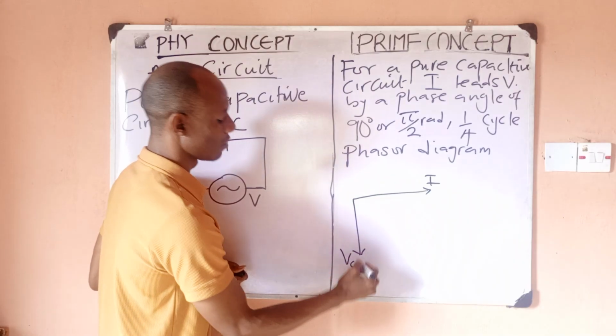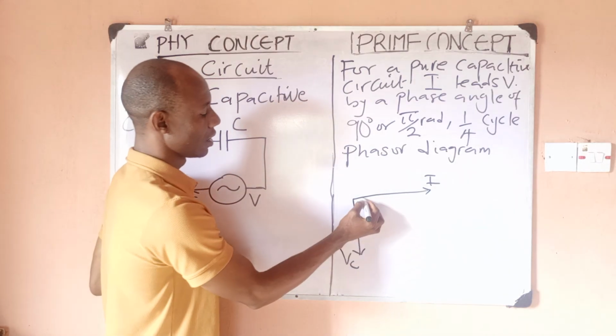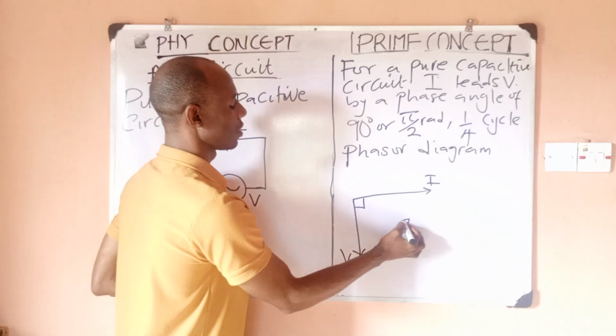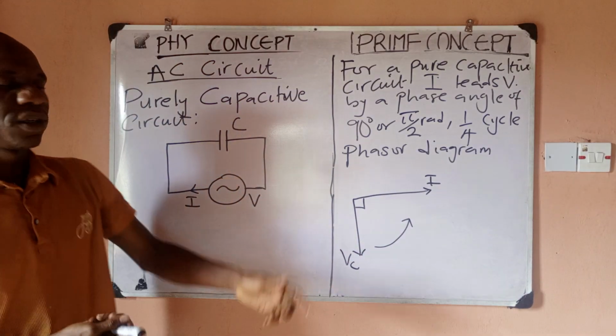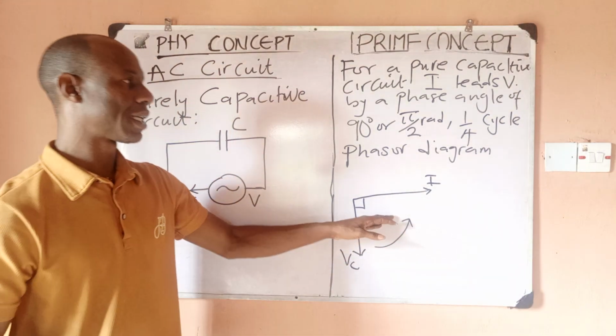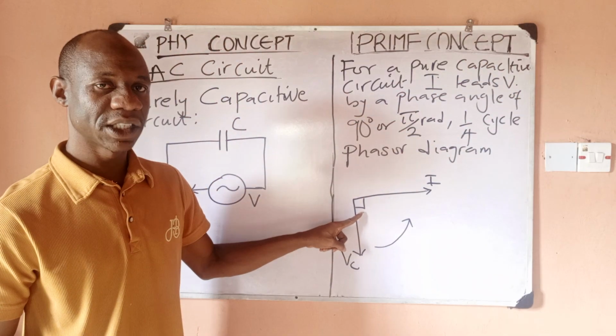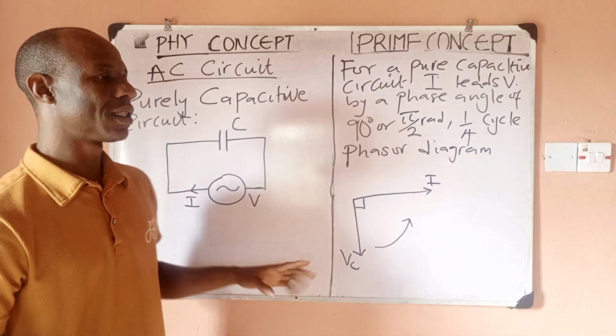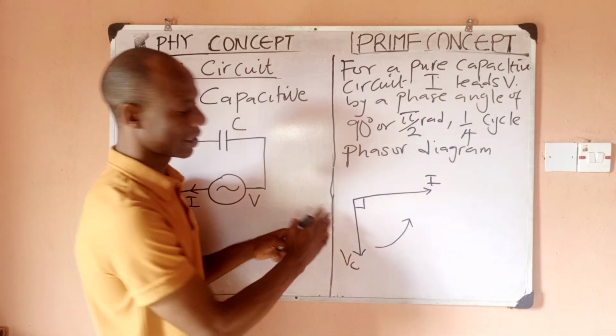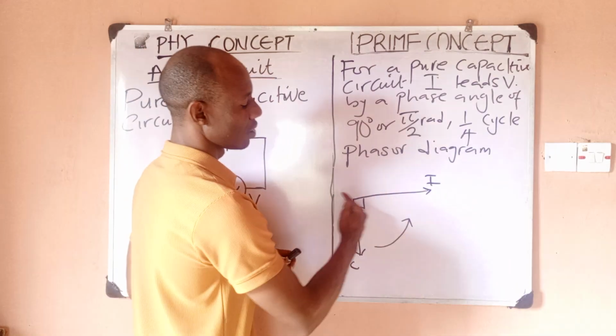The voltage of my capacitor should be at this point. If I'm considering motion in this direction, then this would be the correct vector diagram when you say current leads voltage by a phase angle of what? 90 degrees.